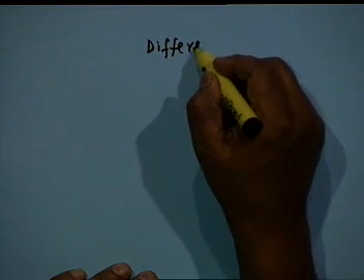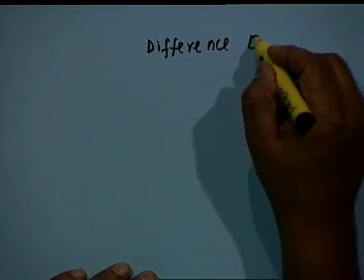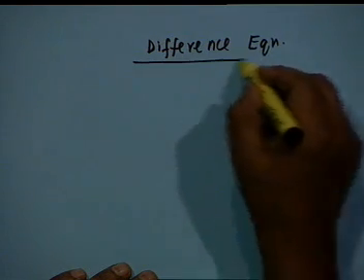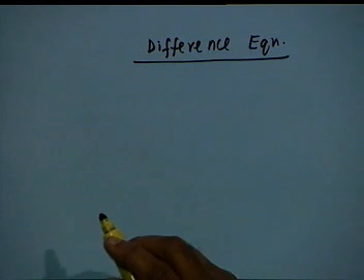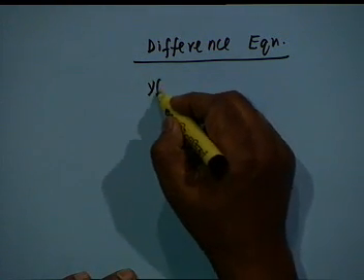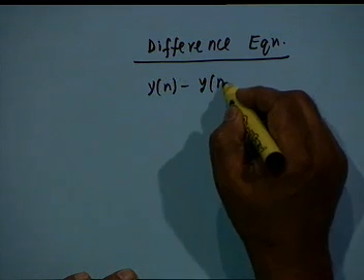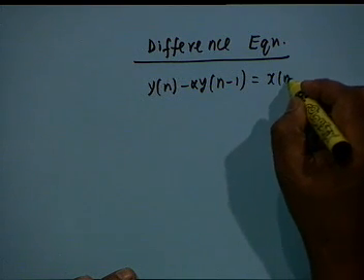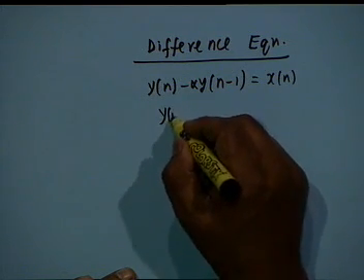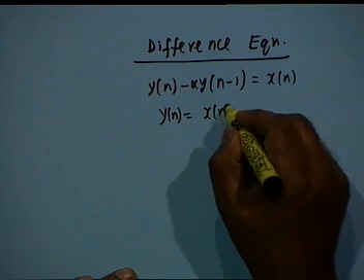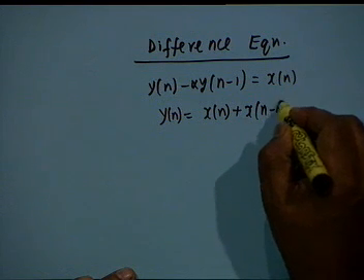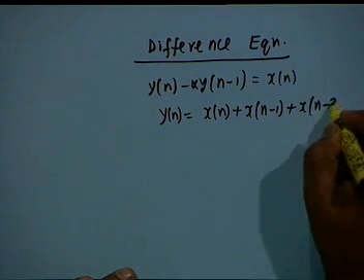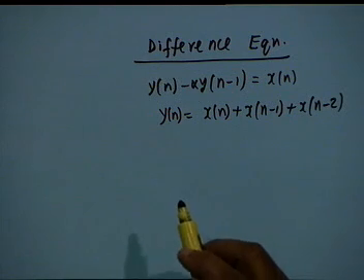A digital system in general is described by a difference equation, and we have encountered a number of difference equations. For example, y of n minus alpha y of n minus 1 equal to x of n is a difference equation. y of n equal to x of n plus x of n minus 1 plus x of n minus 2 is also a difference equation.